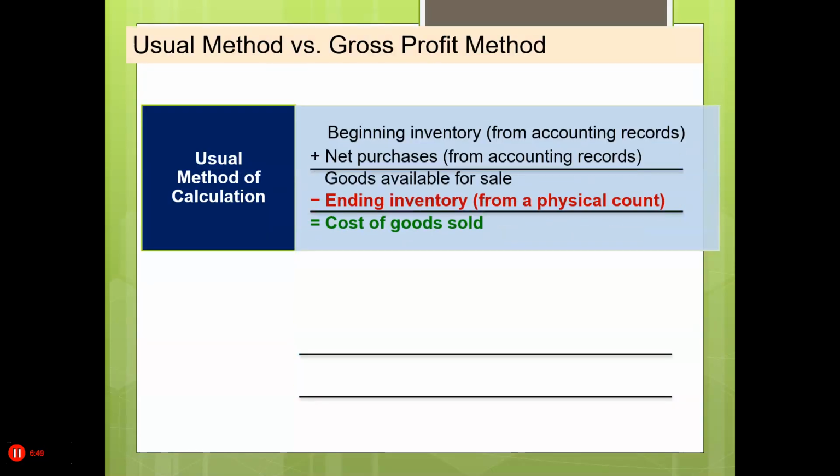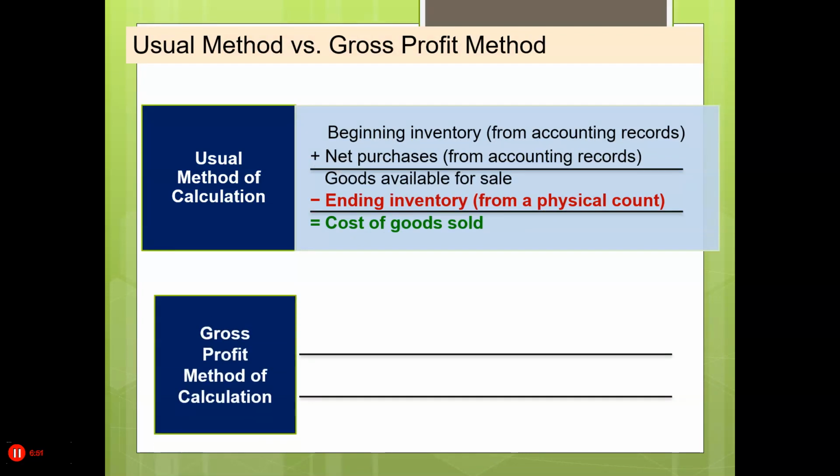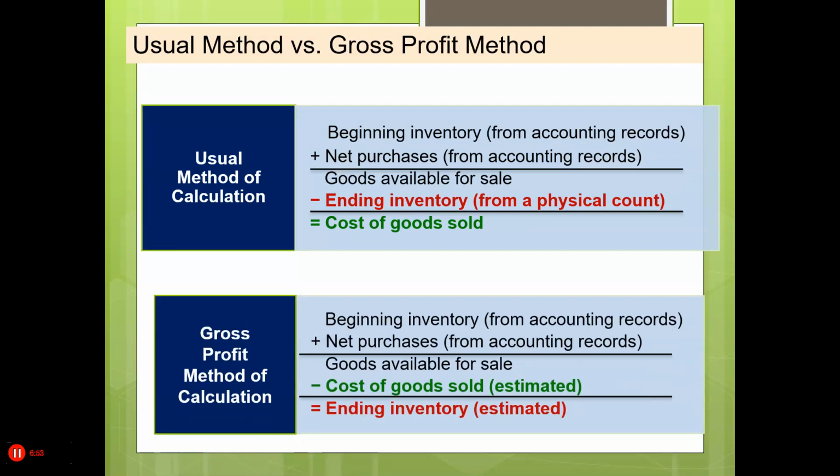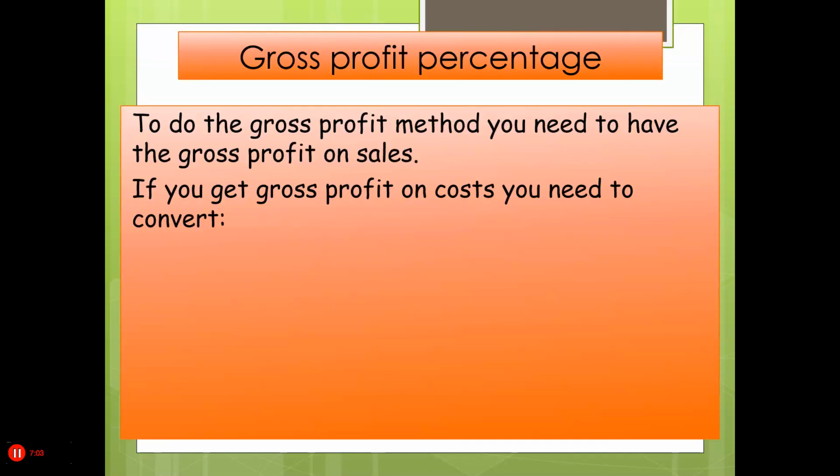Now, normally, this is how you determine it, but with the gross profit method, you're starting with beginning inventory plus purchases minus estimated cost of goods sold gives you estimated ending inventory. Now, gross profit percentage, they can give it to you two ways.